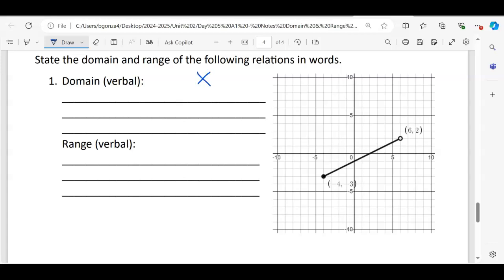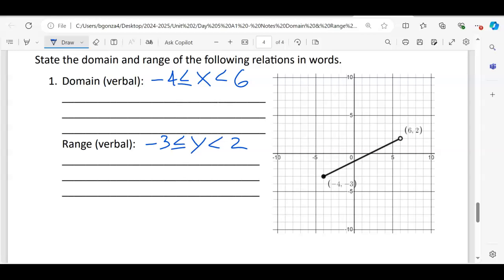X: -4 less than or equal to x less than 6. Y: -3 less than or equal to y less than 2. Okay? That is what we got earlier on the second page. But how do you write it verbally? On your assignment, it's going to say verbal.